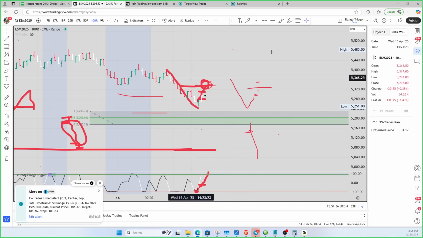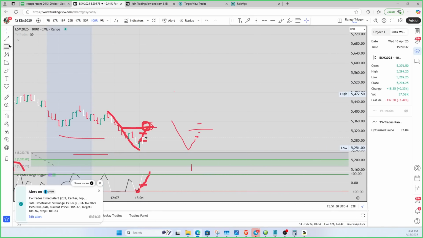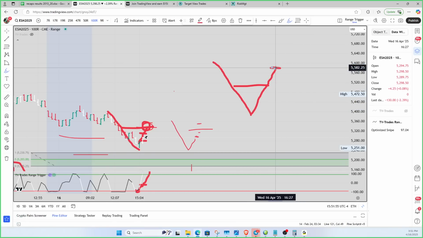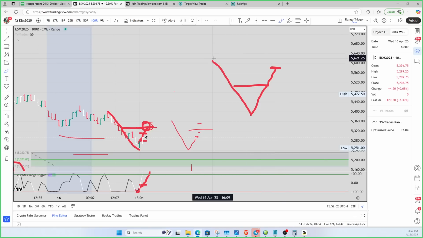But if you get your move and it goes like this, and your 50% retracement is right here, and it goes up here and you don't get it, and it keeps going, and finally up here is where you get an indication to go short. That's what just happened there with the other one. Up here is where you get an indication to go short. This is where it's trying to get up to.